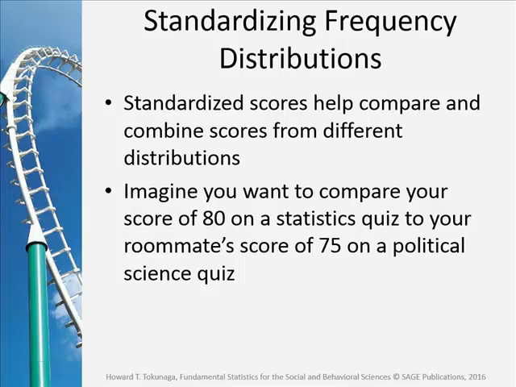So imagine you're talking with your roommate, and you get your score on this midterm that's an 80, and you say, I'm doing okay, I got an 80. And he's like, well, I took my anatomy test, and I got a 75. And you're like, oh, well, that's unfortunate, better luck next time. And that's when he starts going "dude" at you.